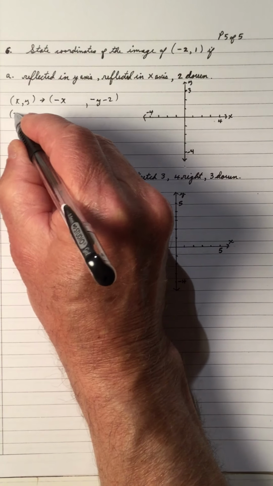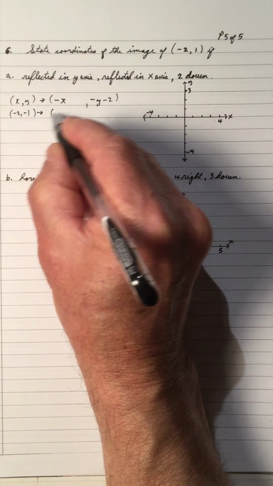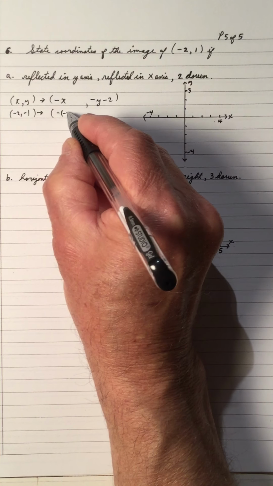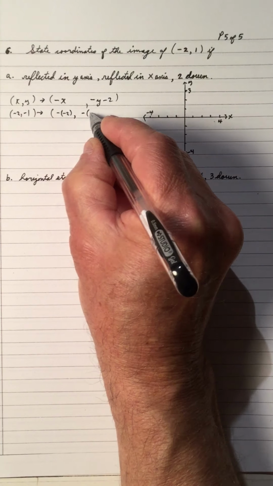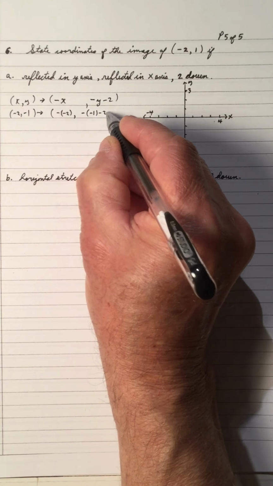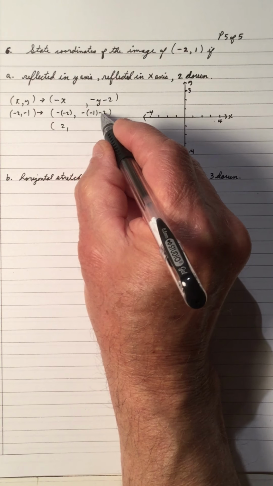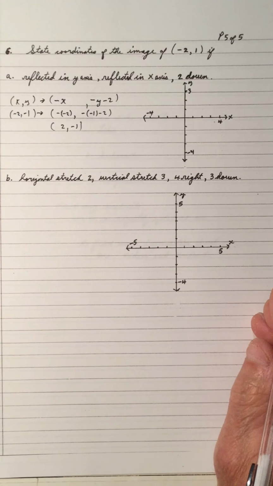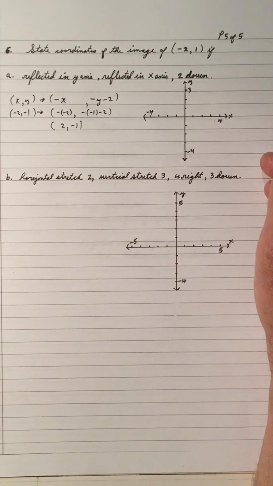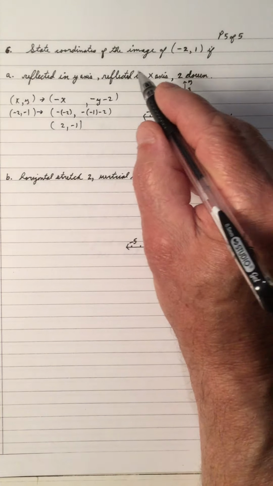So if you take the point -2, 1, and you sub it in, it's a negative of a -2, comma, a negative of -1 minus 2. So that gives you 2, and 1 minus 2 is -1. And so it's reflected and moved down. So let's do it another way.